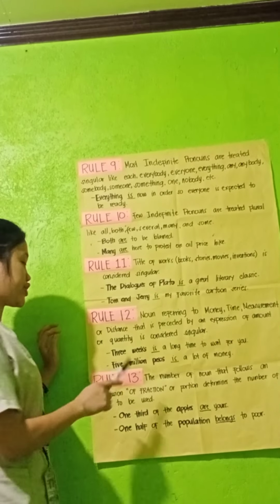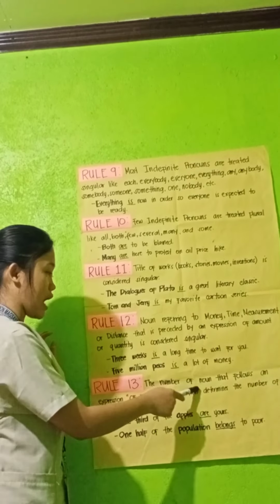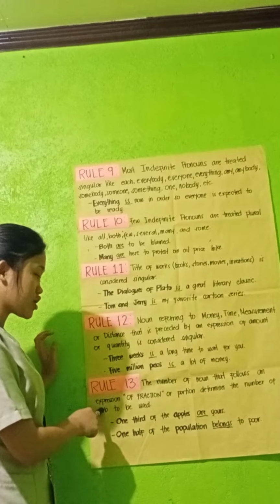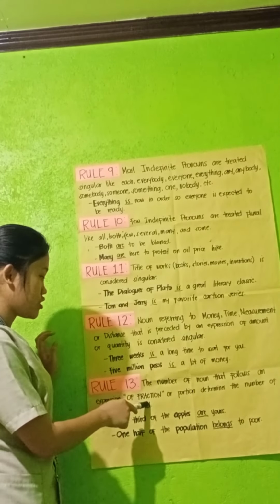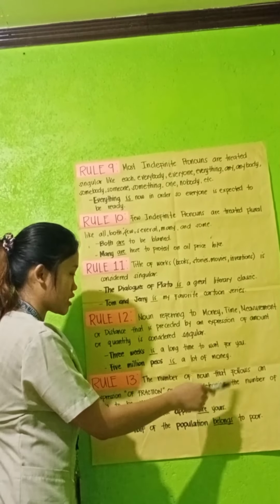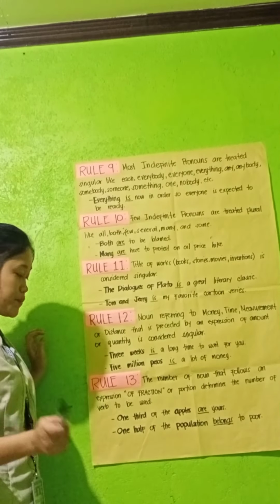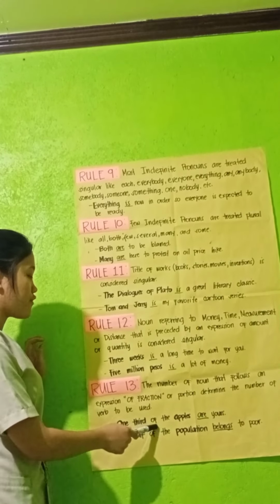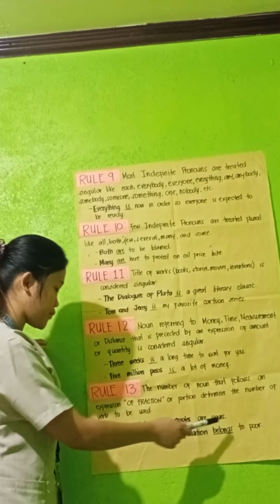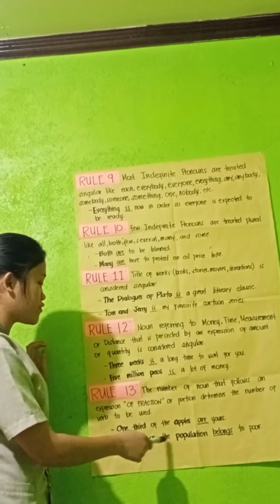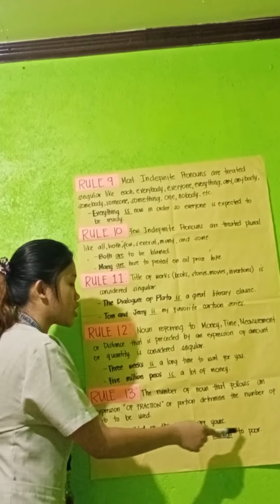Rule number 13. The number of the noun that follows an expression of fraction or portion determines the number of the verb to be used. For example, 1/3 of the apples are yours. 1/2 of the population belongs to the poor.